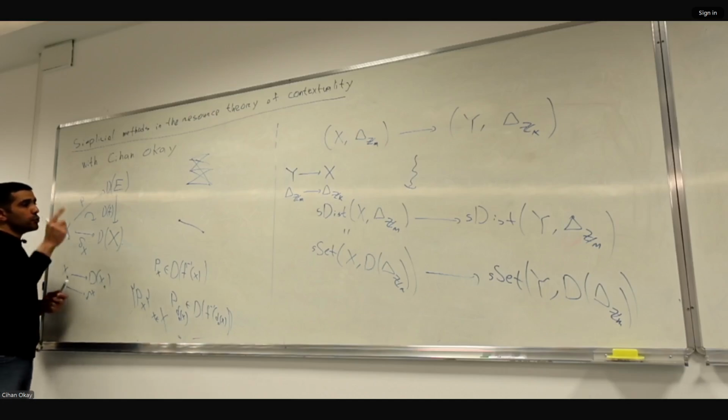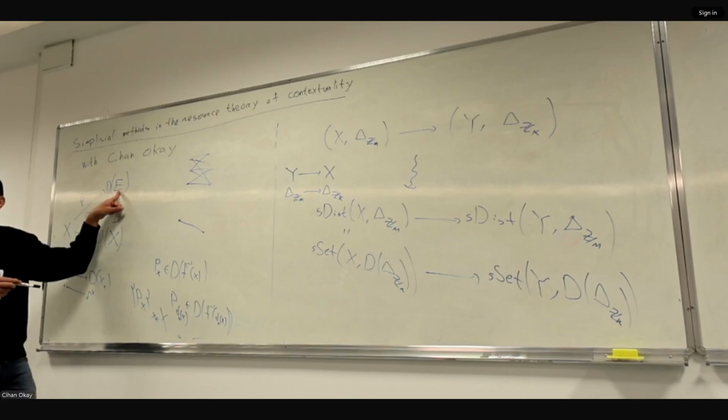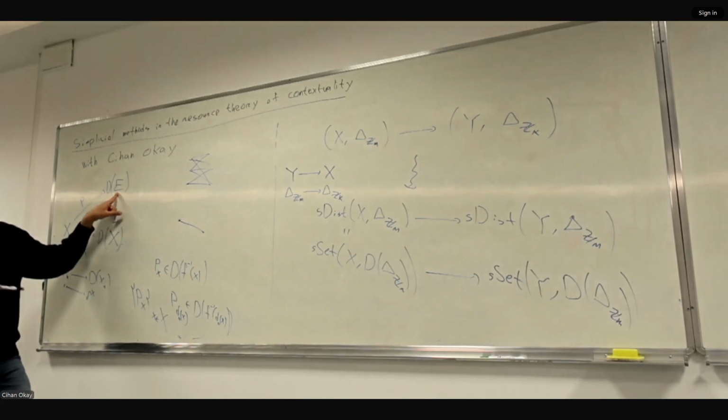But it depends what you choose E to be. You should choose E to be a simplicial monoid, let's say, or a simplicial group.